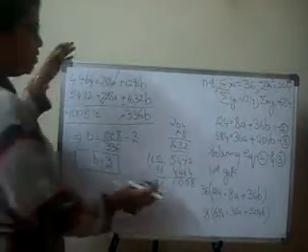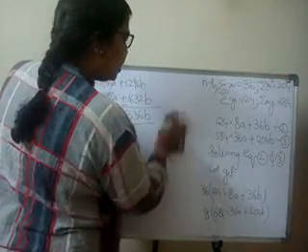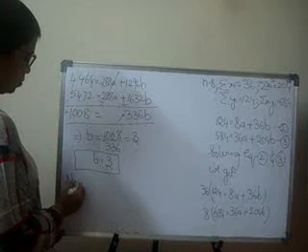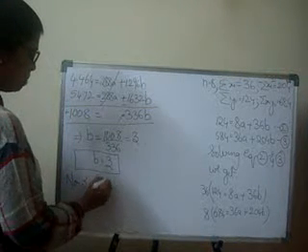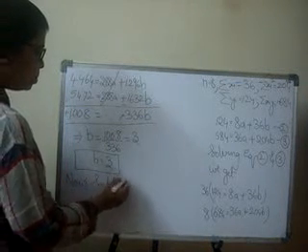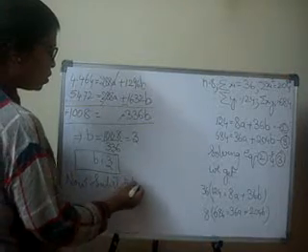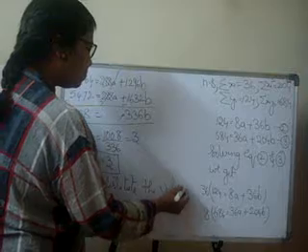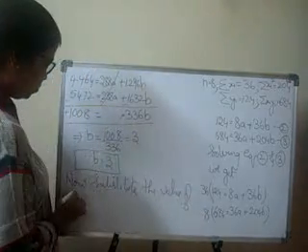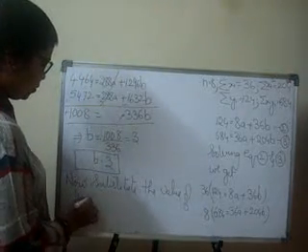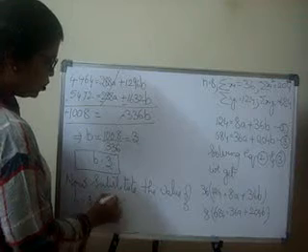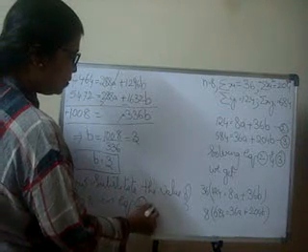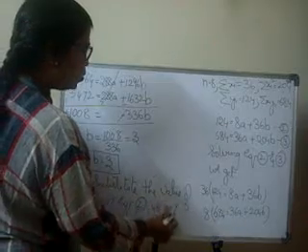After getting the b value, substitute the value in equation 2. Now, the value of b, which is equal to 3 in equation 2, we get, what do we get?